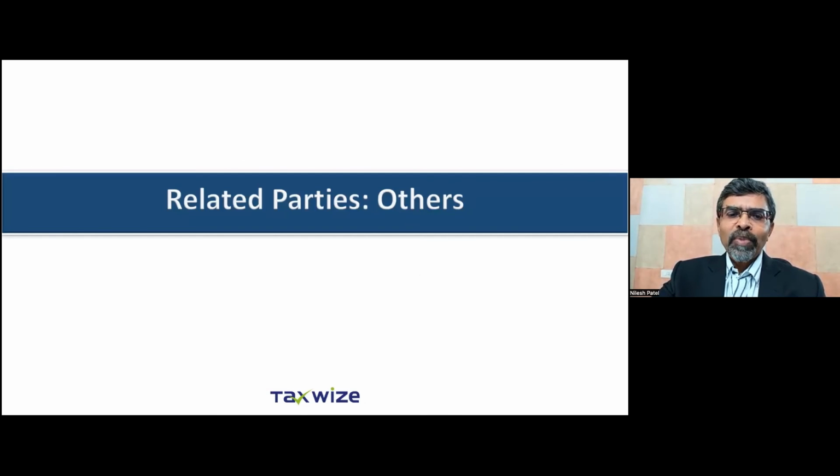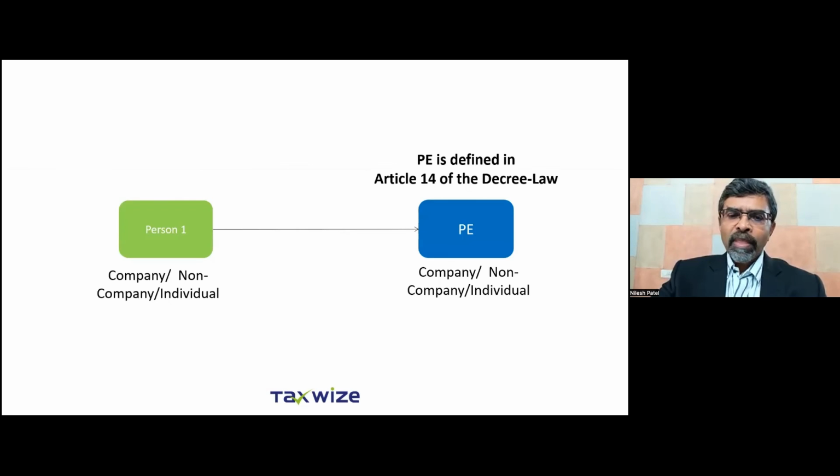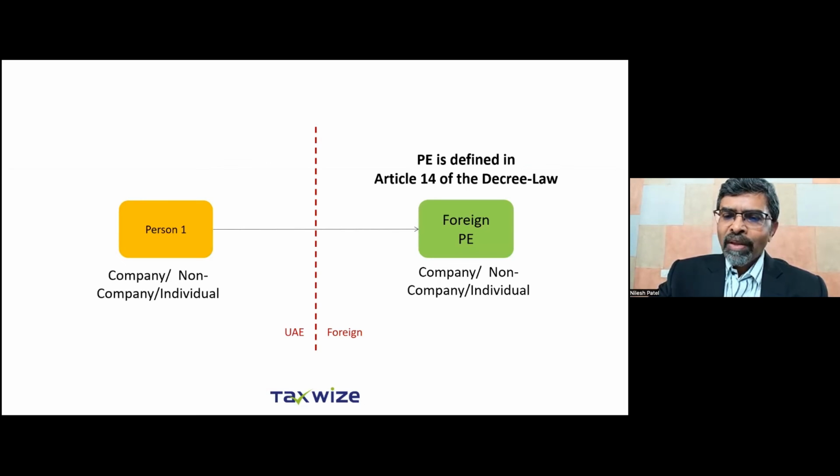Now we come to the last type of related parties, where the first person has a permanent establishment either in UAE or in a foreign country. The UAE person has a permanent establishment in a foreign country.